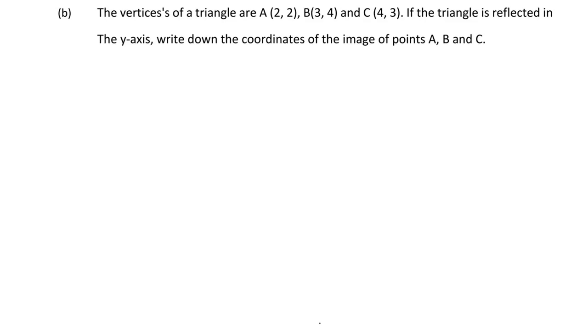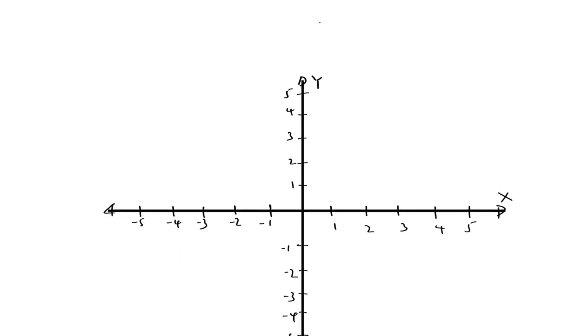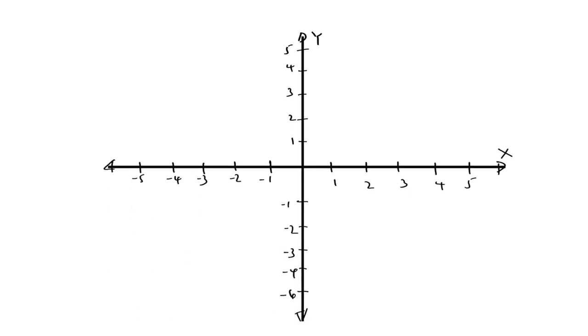We are going to start by drawing the x and y axes, and we are going to label them. Then we are going to locate point A as 2,2, and then point B as 3,4, and then point C as 4,3.